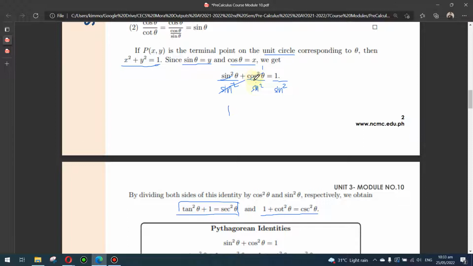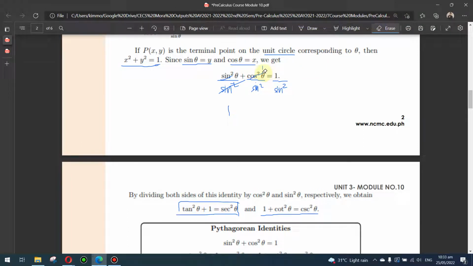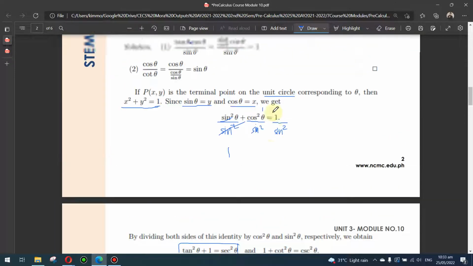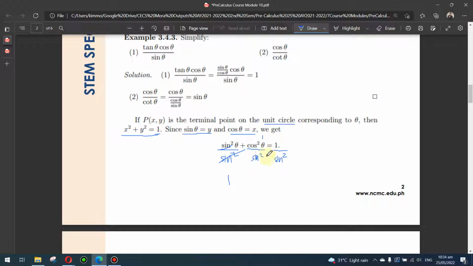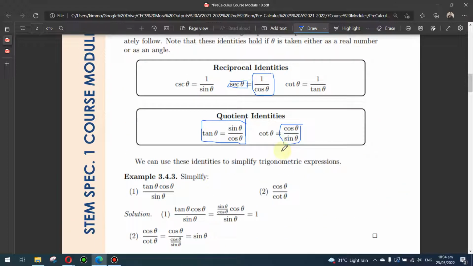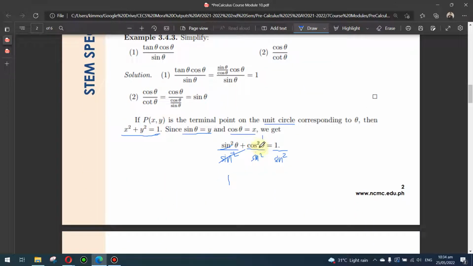What is cosine squared over sine squared? We have an identity: cosine over sine is equal to cotangent. Since both are squared, we make it cotangent squared.